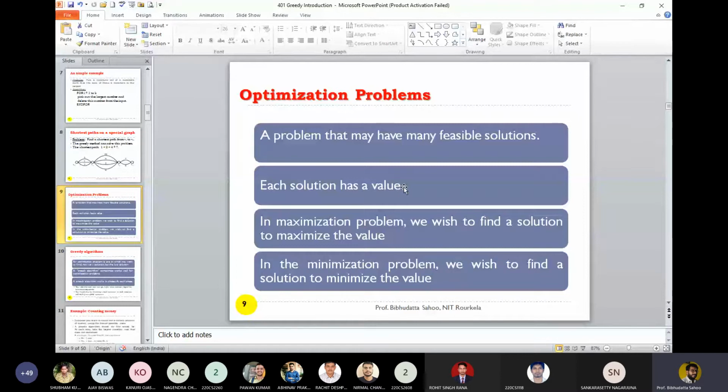But my concern is, how many of you have come across a problem statement for finding a minimum spanning tree and maximum spanning tree? Who is going to attempt?